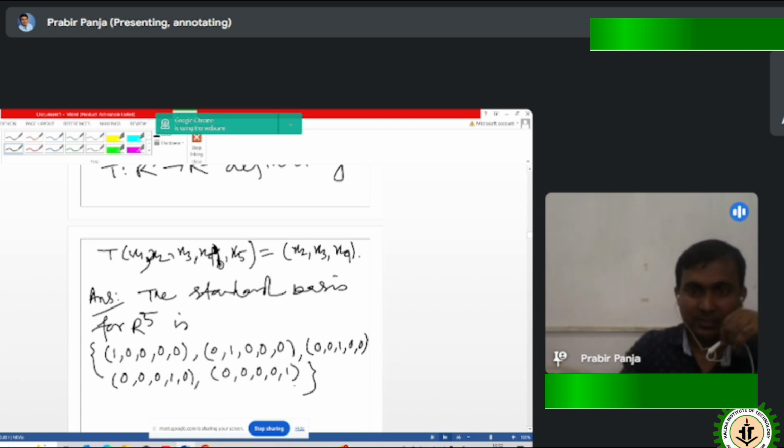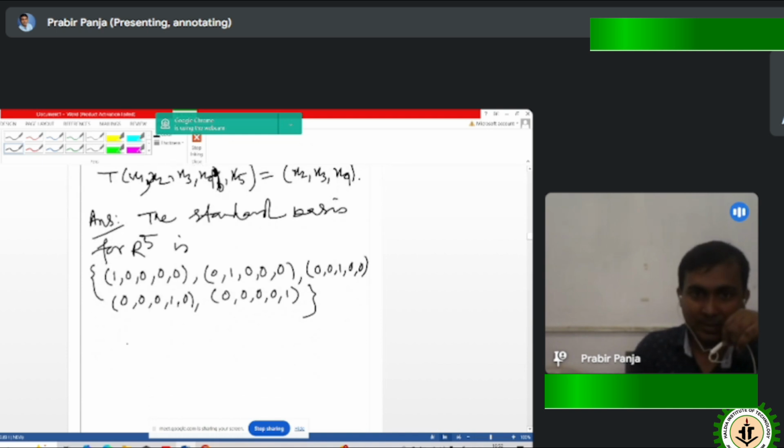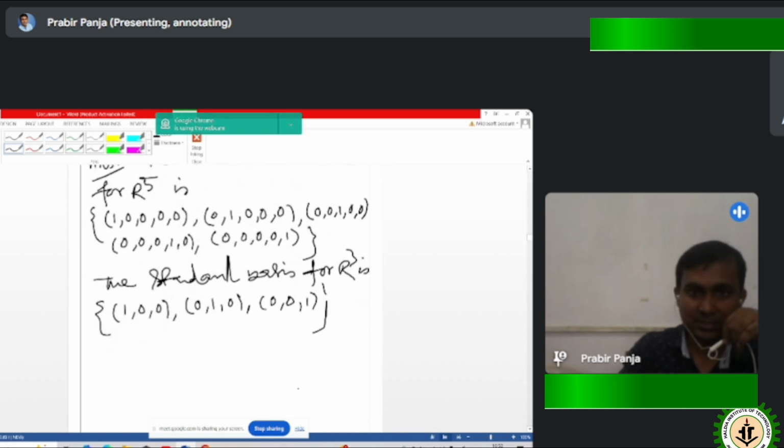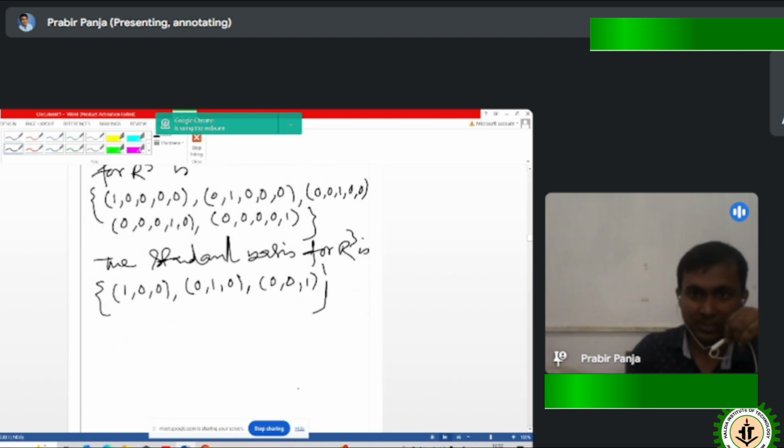So this is the standard basis for R5. Now we'll take the standard basis for R3, which is 1 0 0, next 0 1 0, then 0 0 1. Now with respect to these two bases, I'll compute the matrix representation.